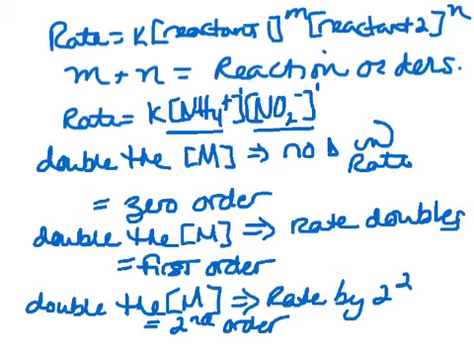Or if you tripled the concentration and the rate changed by 3 squared. So n squared, basically, whatever the factor change in concentration is, squared will give you the second order reaction. And typically we would see reaction orders of 0, 1, and 2 most commonly, although it is possible to have negative reaction orders and even fractions.